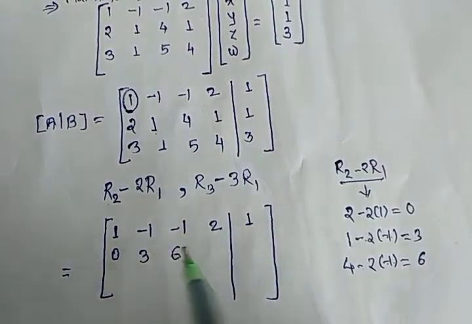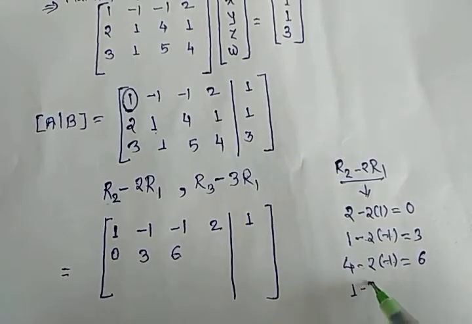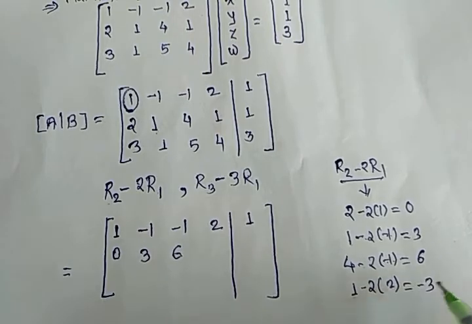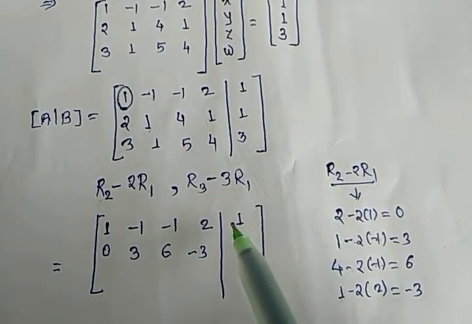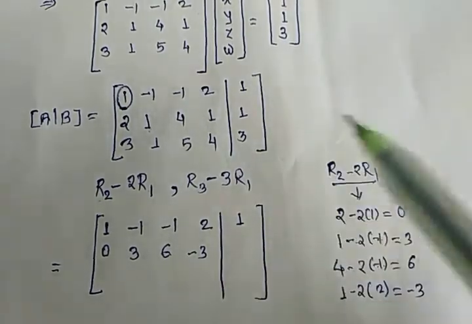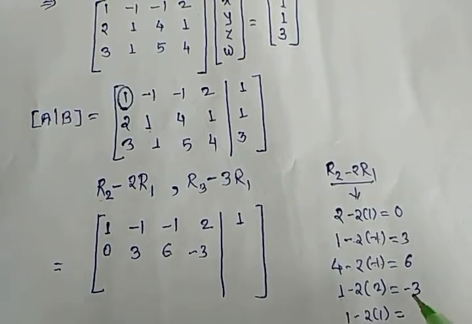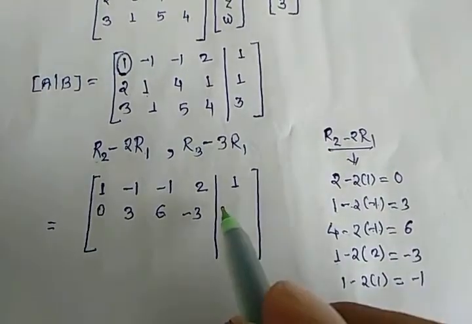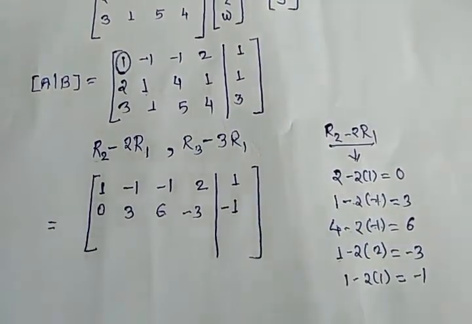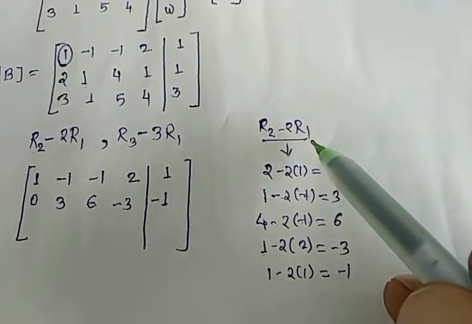Next, 1 minus 2 into 2 gives 1 minus 4, which is -3, and 1 minus 2 into 1 is -1. So these we get from R2 minus 2 R1.